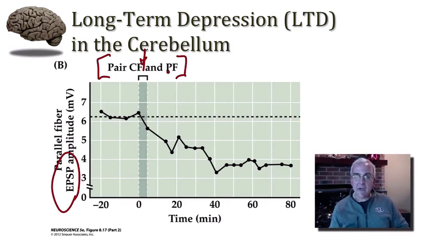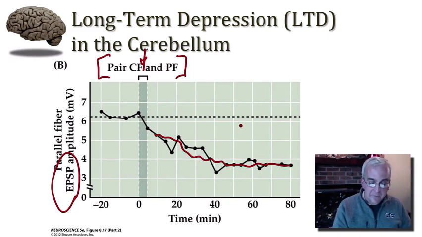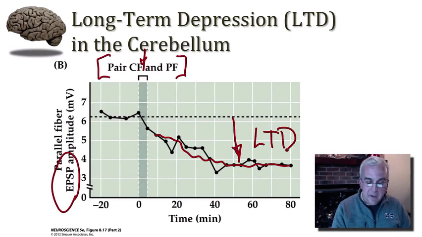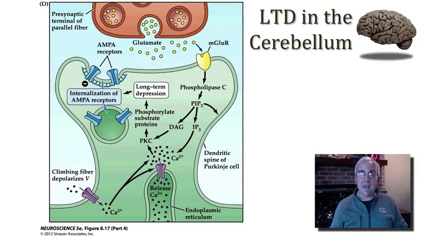And what we see is that after that test phase, there is a reduction in the amplitude of the excitatory postsynaptic potential, so that this is now depressed by about 50% following this pairing of climbing fiber and parallel fiber activation. So this is long-term depression in the cerebellar cortex, and it's mediated via the internalization of AMPA receptors.